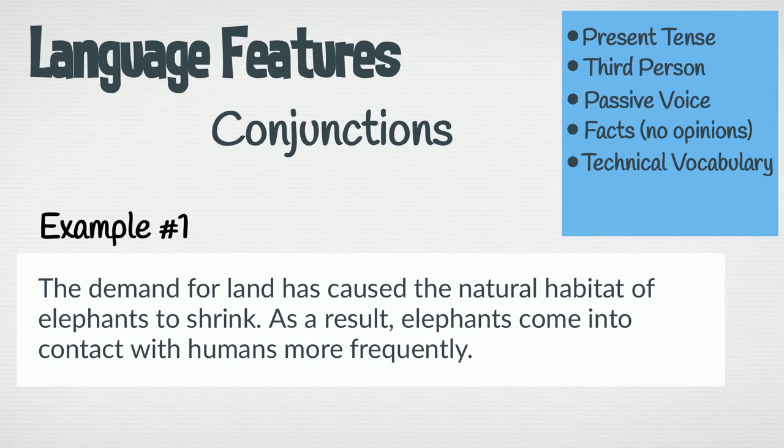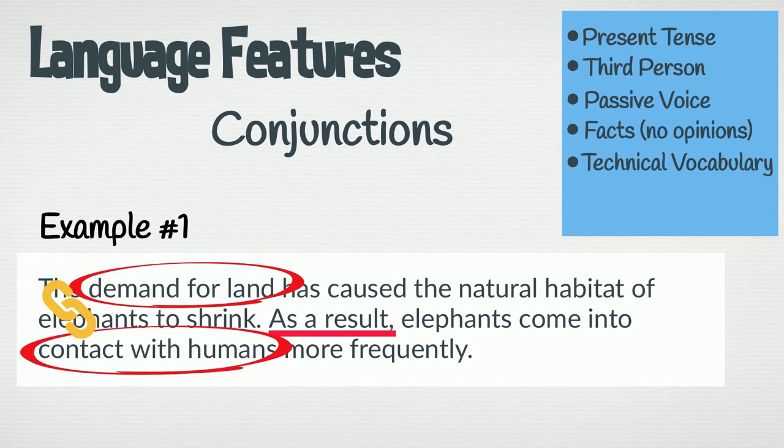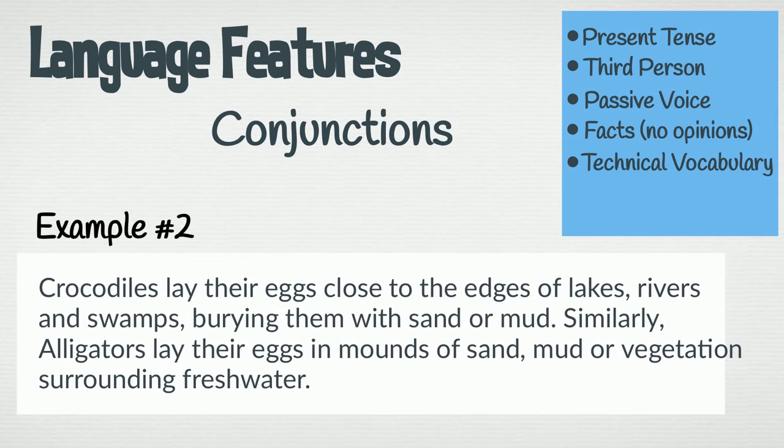Here's the first example. The conjunction "as a result" has been used. This conjunction links the demand for more land with the fact that elephants are coming into contact with humans more often. Here is the second example. The conjunction "similarly" has been used.